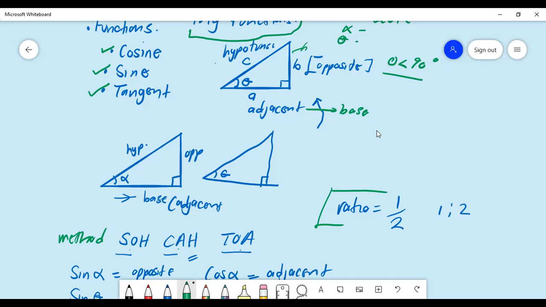SOHCAHTOA means the sine of a given angle, the cosine of a given angle, then the tangent of a given angle. So when I say SOHCAHTOA, it means the sine is opposite over hypotenuse. Then cosine is adjacent over hypotenuse. Then tangent is opposite over adjacent.